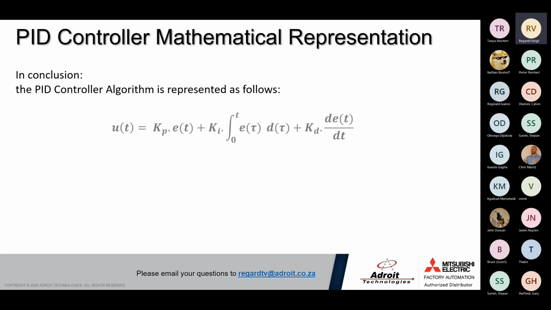So none of those are the case. All of this happens inside of the PID block. The only thing that the user needs to define will be the gains and the times, the sampling times and your integral times and so on. The PID block in the PLC will perform this calculation internally, and you don't have to worry about the processes from that point of view.